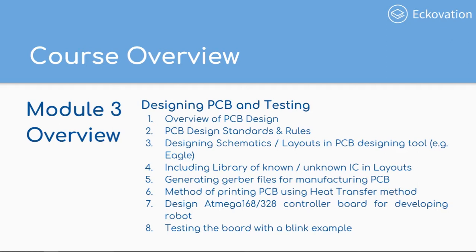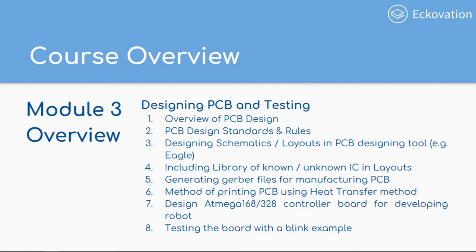All these aspects would be dealt with in much deeper perspective by considering the design of an Atmega 168 or a 328 based microcontroller board, which we will use for building the bare bone or the bare minimum of an Arduino board, using the most essential components like the crystal oscillator.